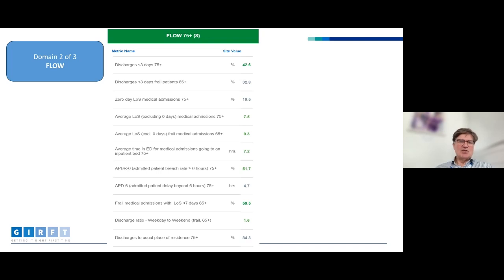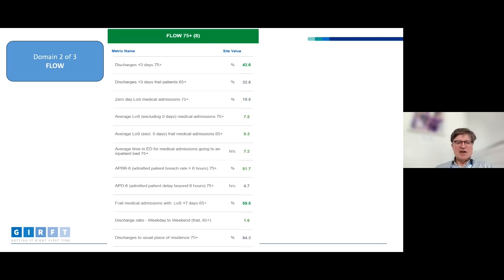And the reason for that is if your coding's rubbish, look at the over 75s. For some hospitals, the data may be more interpretable one versus the other.